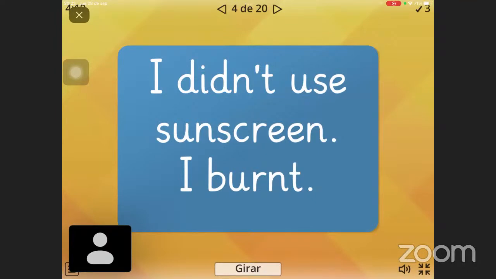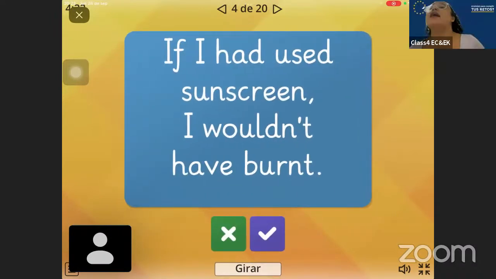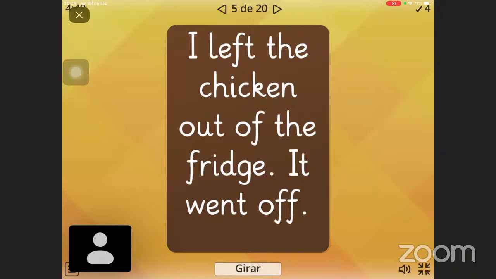If I had used sunscreen, I wouldn't have burned. That's correct. Very good. Next: I left the chicken out of the fridge. It went off. Combine the two ideas into third conditional.